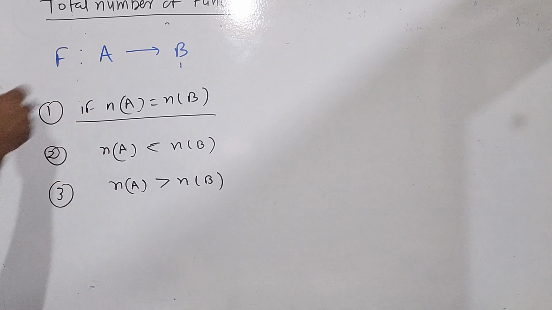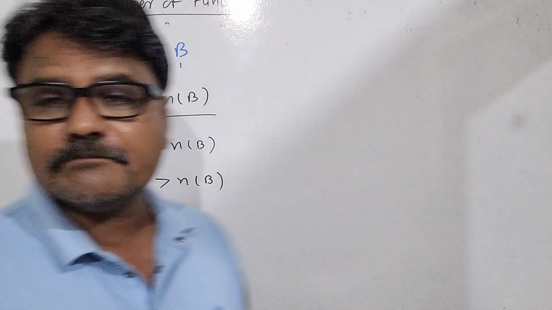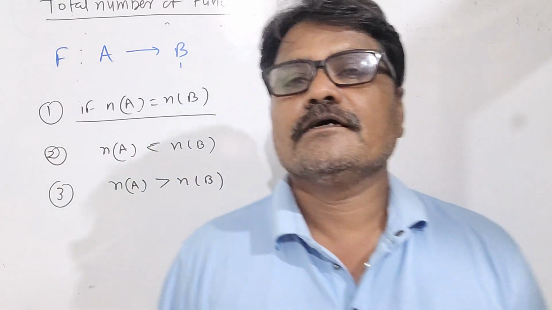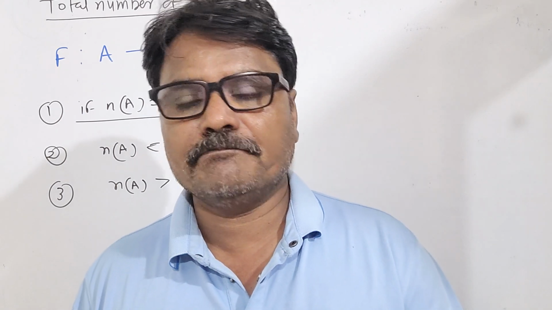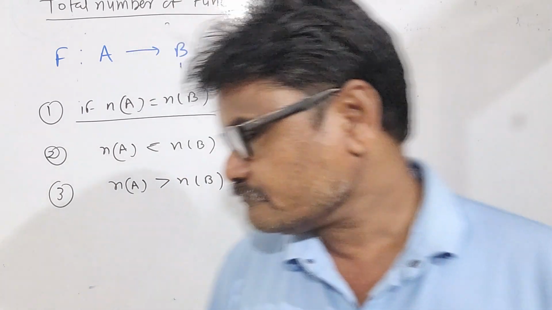Now in all these three cases we have to calculate the total number of functions, number of onto functions, number of one-one functions, number of many-one functions, and so on.